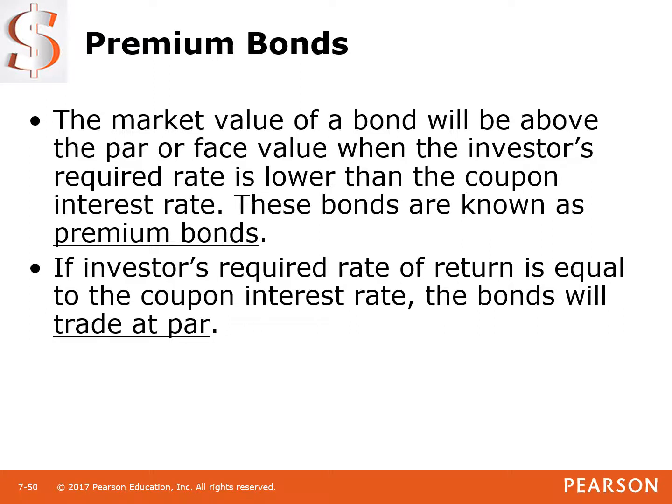So they're willing to pay more. This is known as a premium bond. So face value, in a perfect world, all bonds will sell at face value, right? But because investors require different rates of return than what the bond is paying, the bond may sell for more than face value or less than face value. If it sells for more, we call it a premium bond.